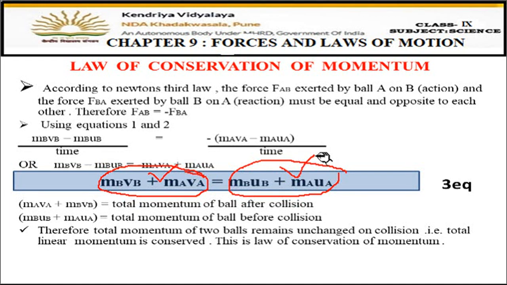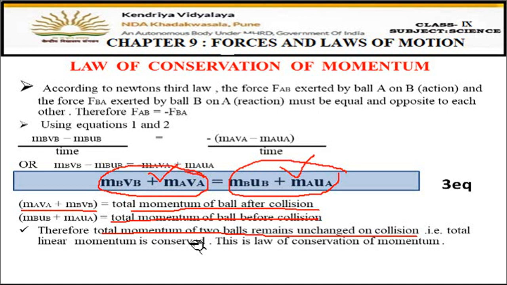So what is the conclusion, children? That the momentum before collision and after collision remains the same. This term is the total momentum of the balls after collision on the left side, and the total momentum before collision on the right hand side. Therefore the total momentum of the two balls remains unchanged on collision.